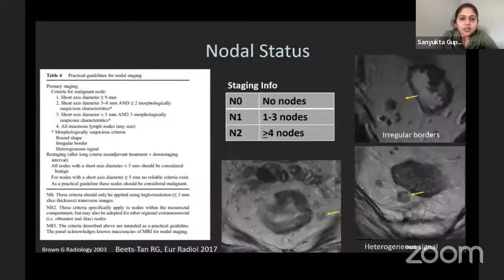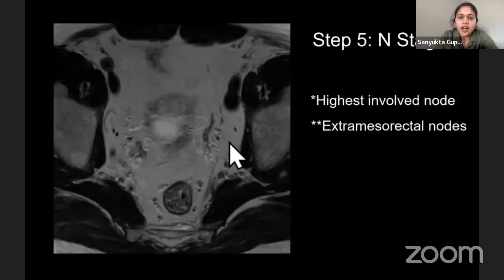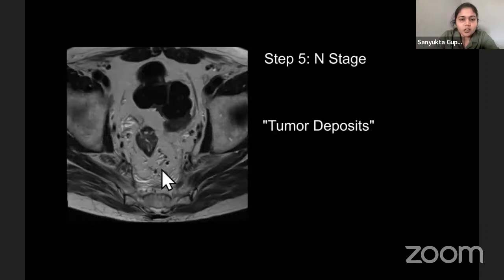So nodal status: N0 stands for no nodes, N1 if you can see 1 to 3 suspicious nodes, N2 if it's more than 4 suspicious nodes. Then you have to involve the extramesorectal nodes also in your reports, and talk about the lateral pelvic lymph nodes, the obturator, the internal iliac, the inguinal, and the highest involved nodes, which will be the pre-aortic, para-aortic, if any present.